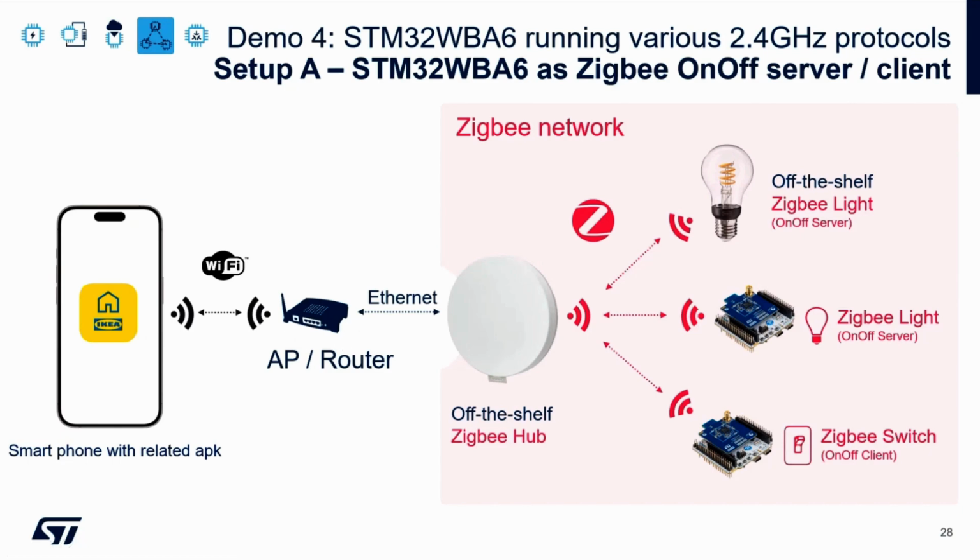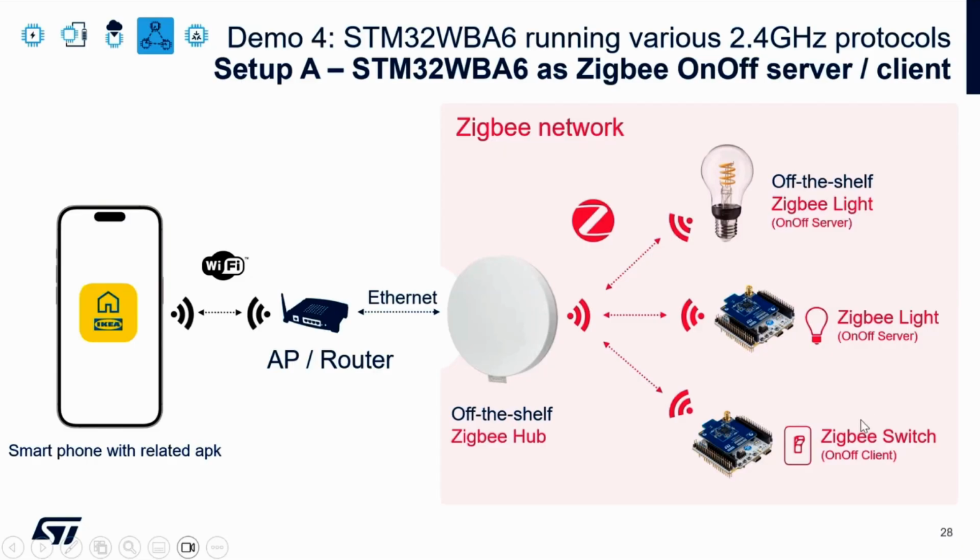For this demonstration, I'm using a slightly edited example project from the SDK to join these two WBA6 Nucleo boards to the ZigBee network, acting as ZigBee devices with on-off clusters. Specifically, an on-off server for the ZigBee light and an on-off client acting as a ZigBee switch.